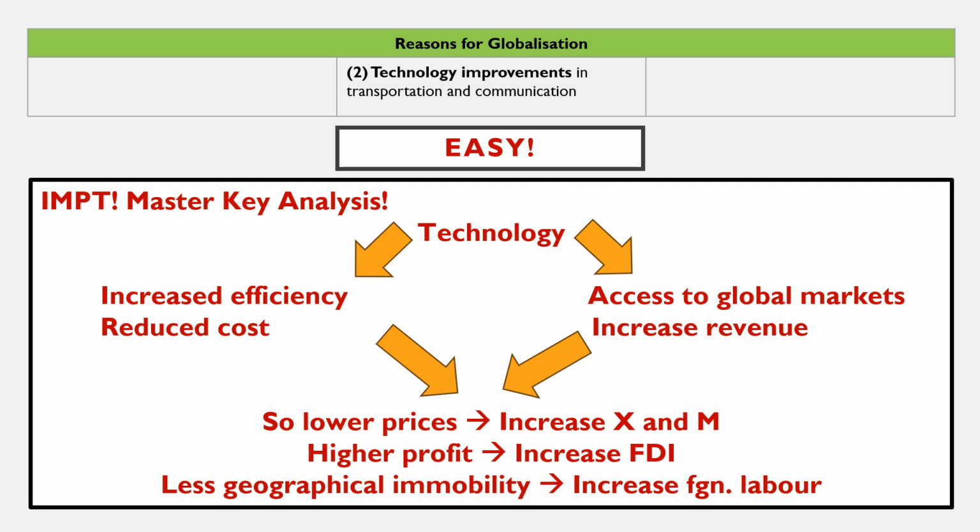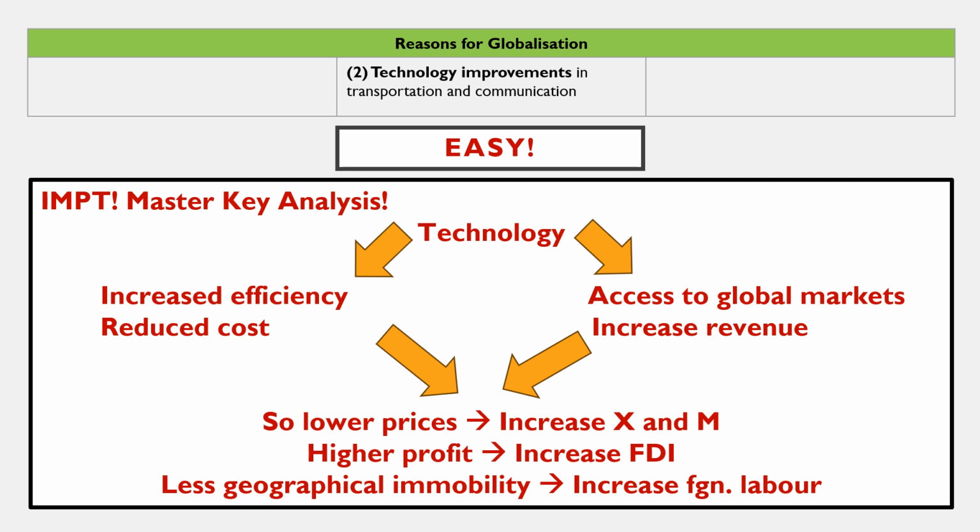The two key impacts of such technology improvements are that it helps to increase efficiency and reduce costs. On the other hand, it also expands access to global markets and increases revenue. How does this help to promote globalization? For exports and imports, we are looking at lower prices that help to promote exports and imports.